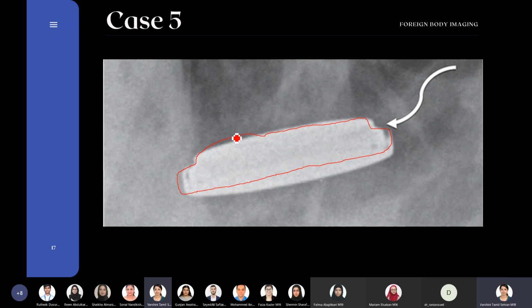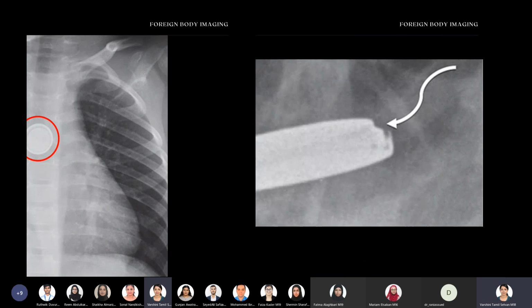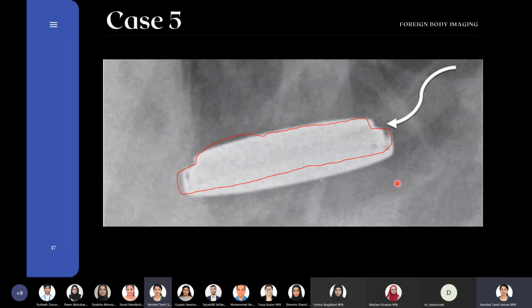So it's not quite like here. It has a bevel shape. And this bevel shape you can see only in batteries. And in coins, it's just a flat surface. There won't be any elevated surface. So that's the difference. And this is the closer view of the said battery in this case.